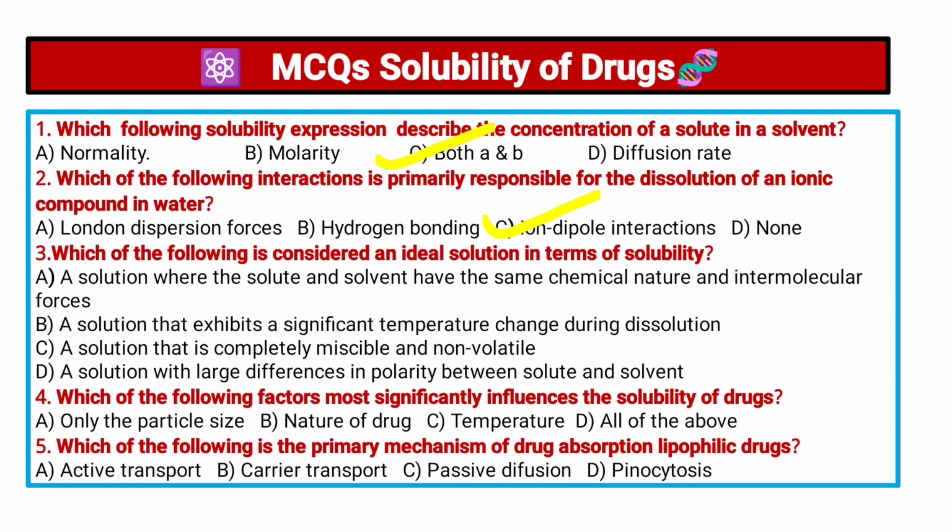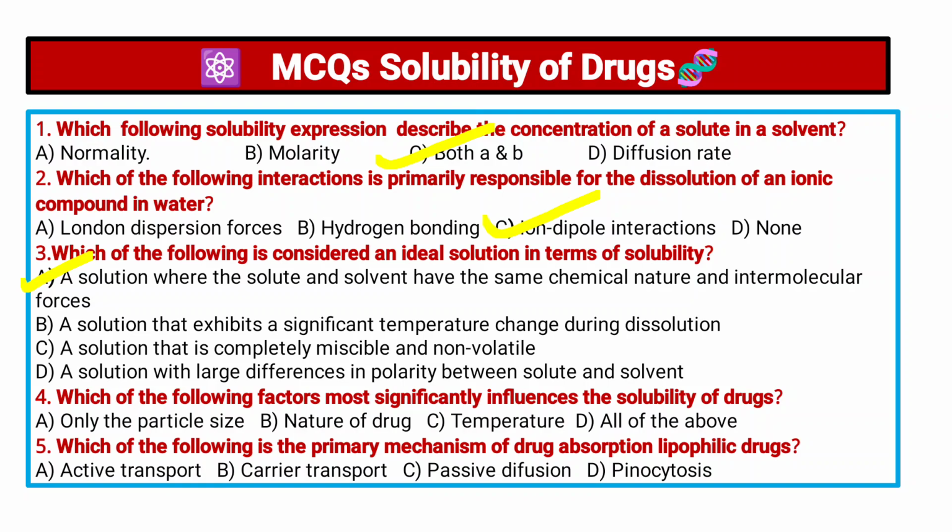Option C, a solution that is completely miscible and non-volatile. Option D, a solution with a large difference in polarity between solute and solvent. So option A is correct, a solution where the solute and solvent have the same chemical nature and intermolecular forces.